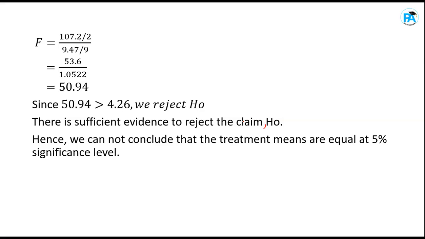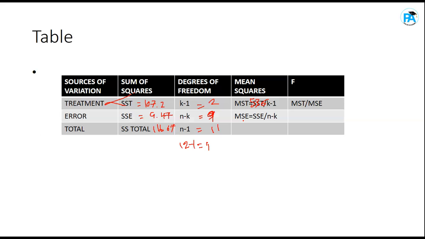MSE was 1.0522. So that's what they wanted you to do when you get this kind of table. To get F is MST divided by MSE, and that gives you 50.94, isn't it? So they just wanted you to put it in tabular form like this.